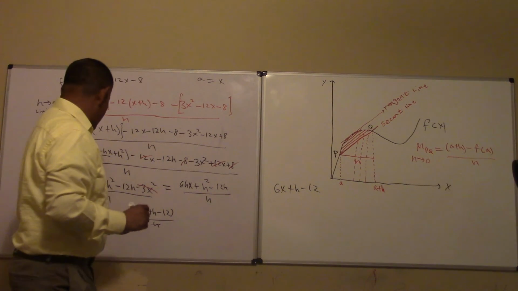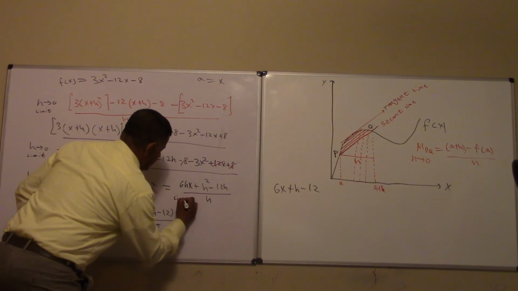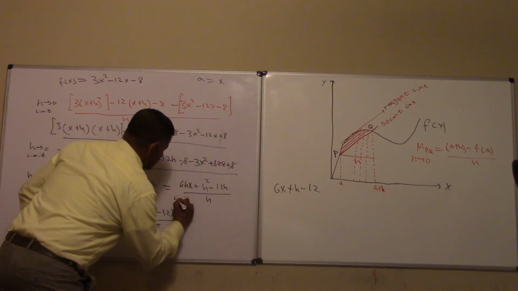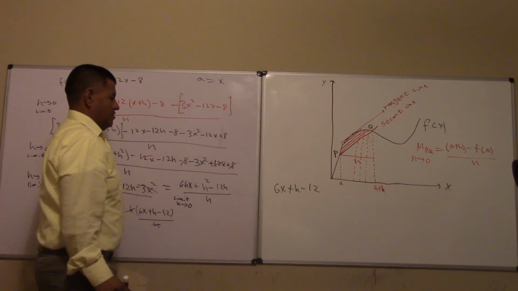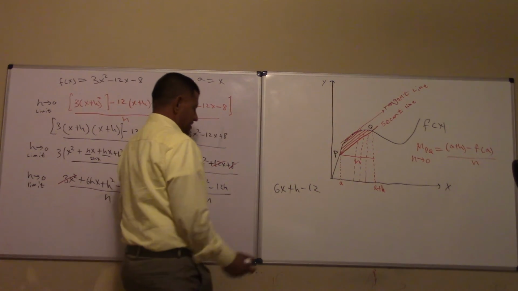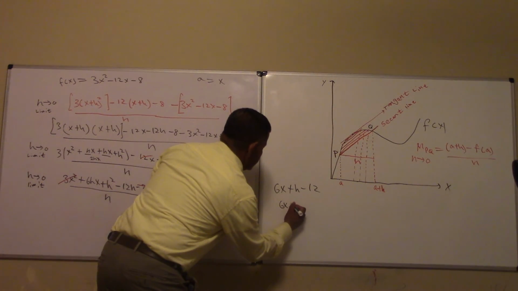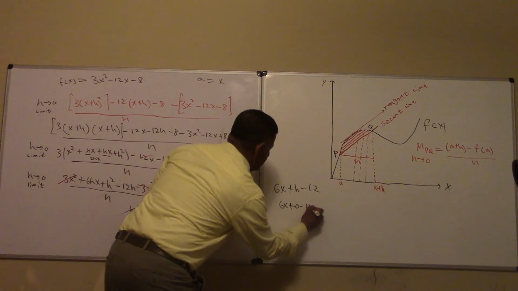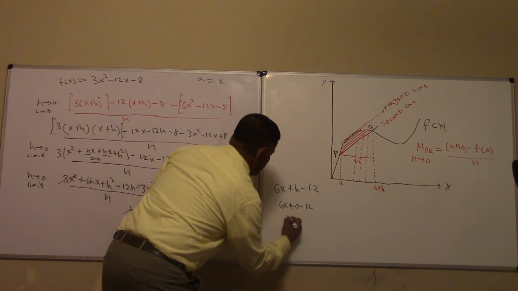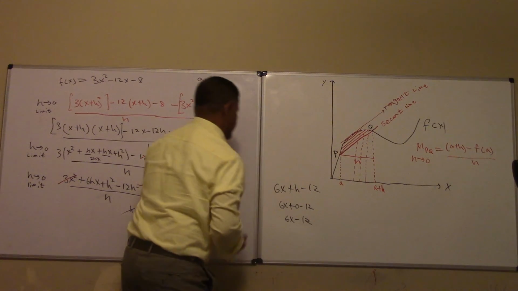Then what I can do here is the following: the limit as h approaches 0, I can say 6x plus 0 minus 12, so 6x minus 12.